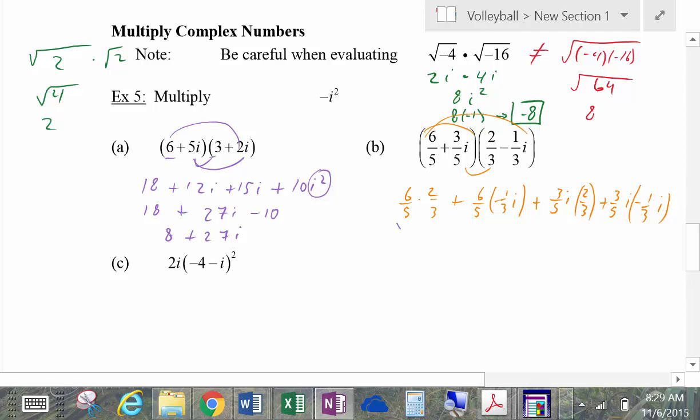All right, so what is 6/5 times 2/3? Let's reduce this to 1 and 2. So actually it's 4/5. All right, the next one, we can reduce the 6 and the 3 again. Negative 2/5 i.